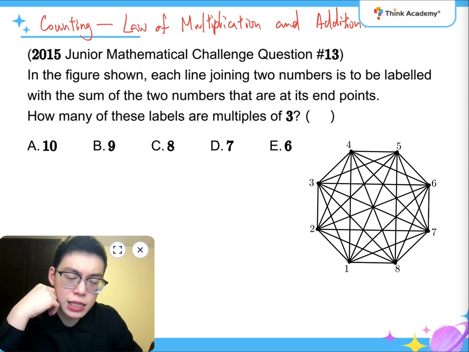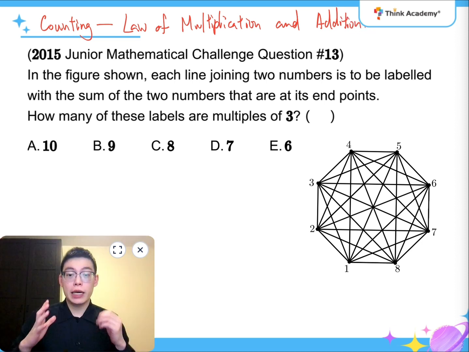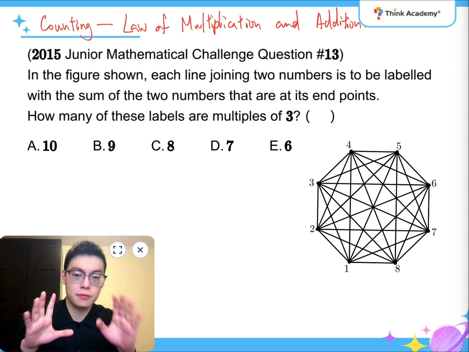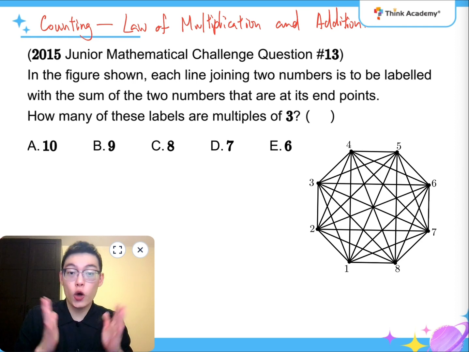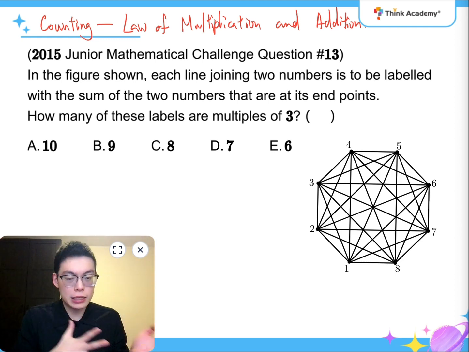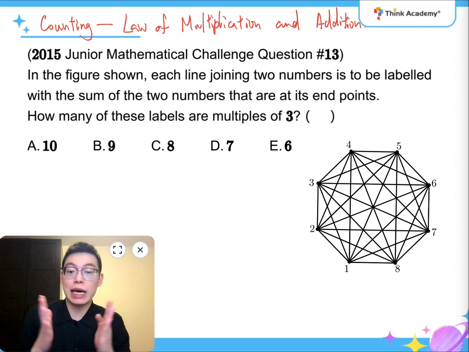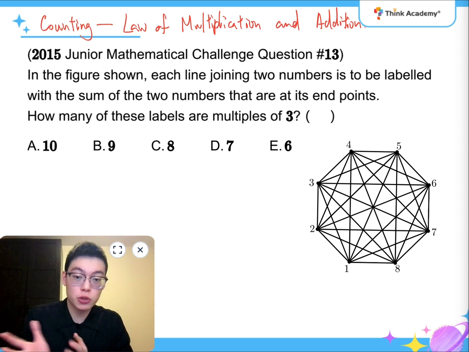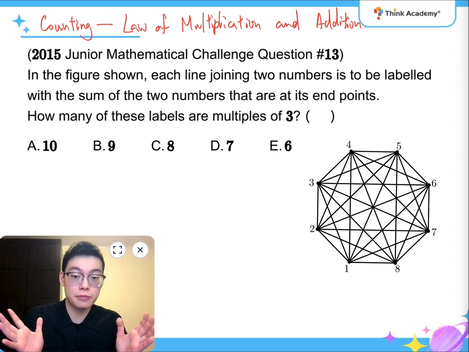So what it means is that whenever I can make some choices, when I can only make either this or that choice, then the number of choices I have needs to be added up. If I can make this choice first and that choice next, I use multiplication to multiply them up. Right?